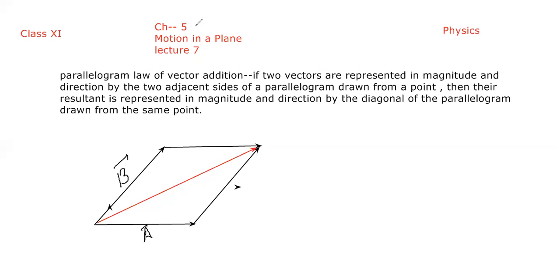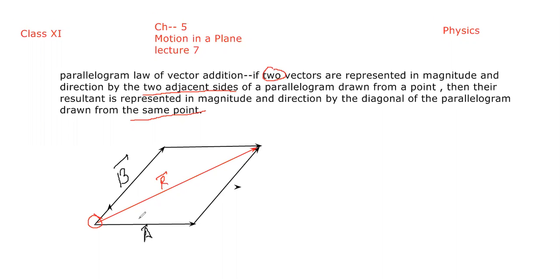So the concept is clear. Now read it line by line. If two vectors are represented in magnitude and direction by two adjacent sides, and the diagonal is drawn from the same point, the same point is common here. The diagonal is capital R, which is the resultant of vectors A and B. Now one more thing: what is the angle between A and B?